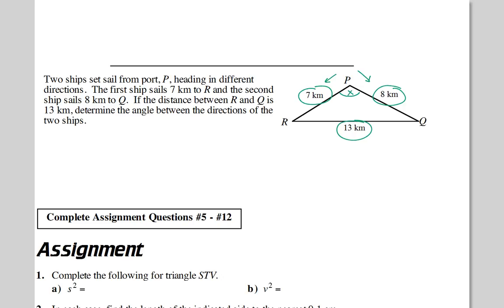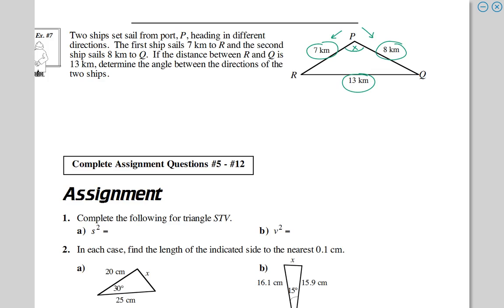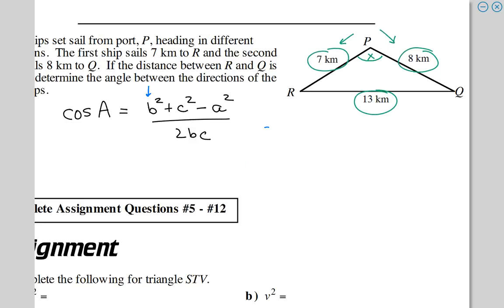Please first start by writing down this alternative form from your formula sheet. Cosine capital A equals b squared plus c squared minus a squared all over 2bc. B and C, the blue arrow, what do I put there? 7, 8, 13, which ones? 7 and 8.